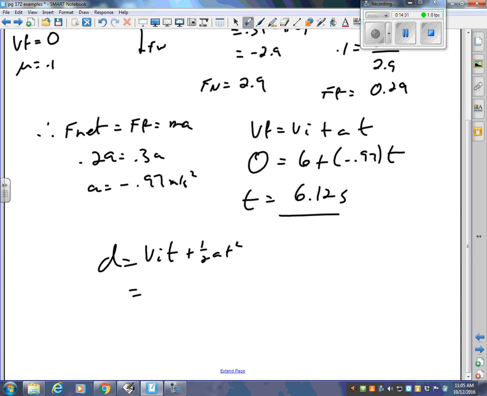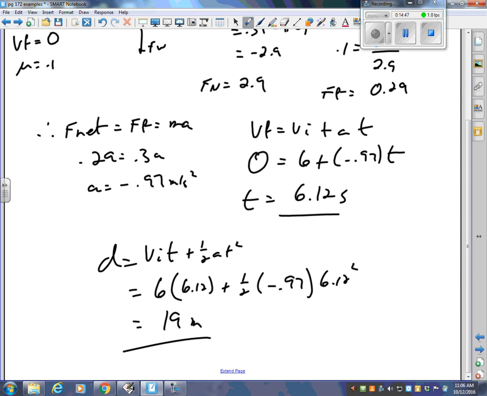What's the initial velocity? 6 times 6.12 plus 1/2 of minus 0.97 times t squared. And you should get, well, I have 19 meters as what I wrote down, but it's probably 18 point something. 0.37? Okay. As long as those are the steps that I see.